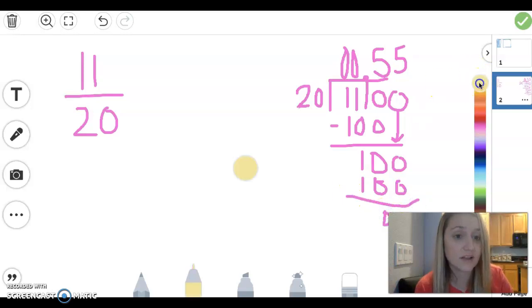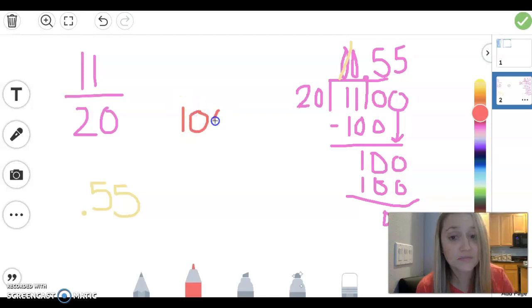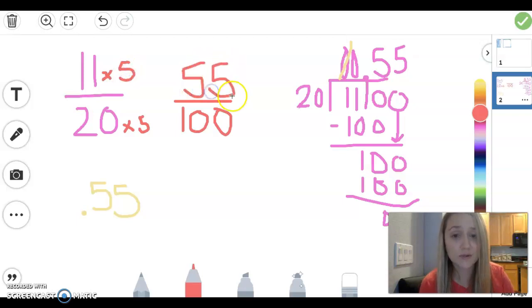And then remember, we always drop, don't do a double 0. So you can write it as 0.55, either way. Now the other way you could have done it is because 20 is compatible with 100: 20 times what equals 100? 5. Whatever you do on the bottom, you must do on the top. So you have 55 over 100, which would be 55 hundredths.